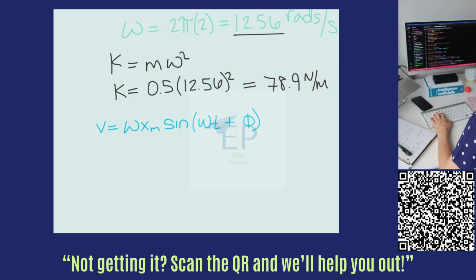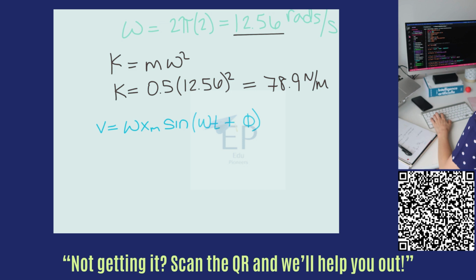Now we know that it wants to be the maximum speed, which means this sine portion is at its maximum when sine equals 1.